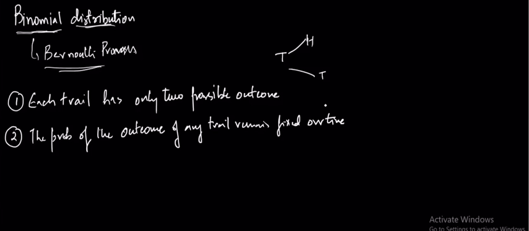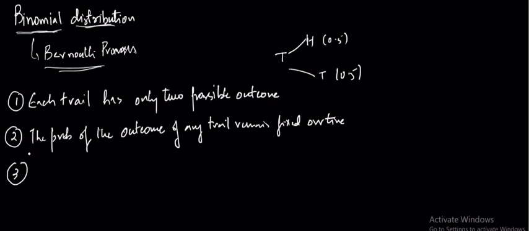Which means that if we toss the coin, the probability of head is going to remain the same, and also the probability of tail is going to remain the same, regardless of the number of tosses we do. Even if we do 100 tosses, still the probability of head is going to remain the same, and the probability of tail is also going to remain the same.